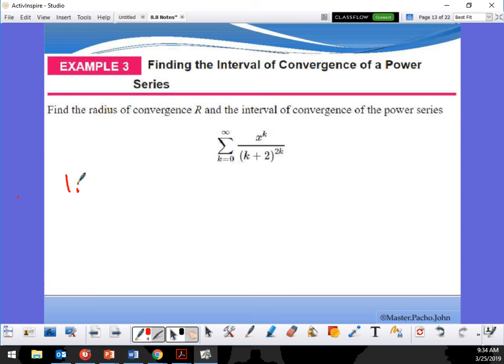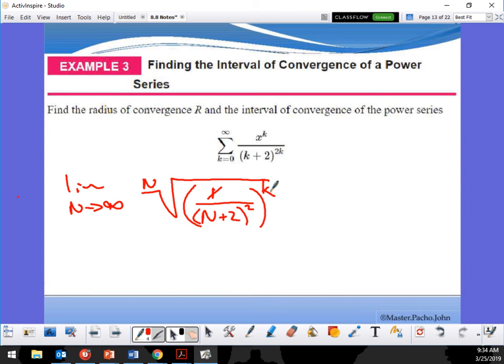So it's going to be the limit as n goes to infinity of x. Ah, crap, it should be an n. There we go.